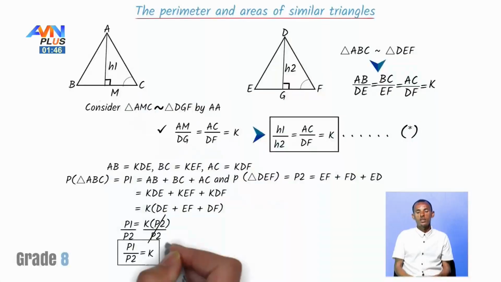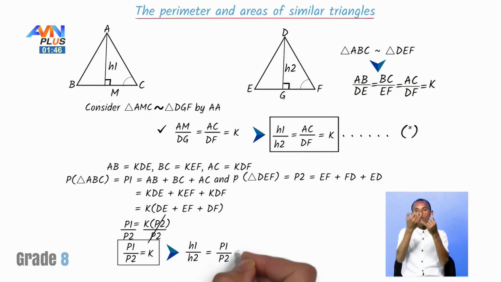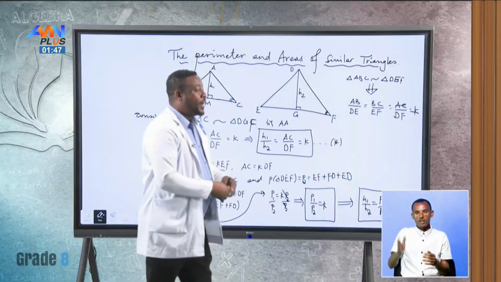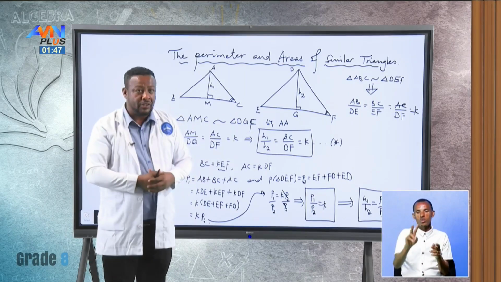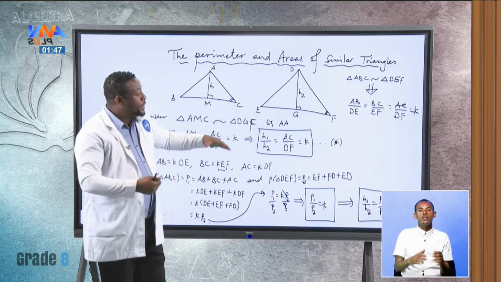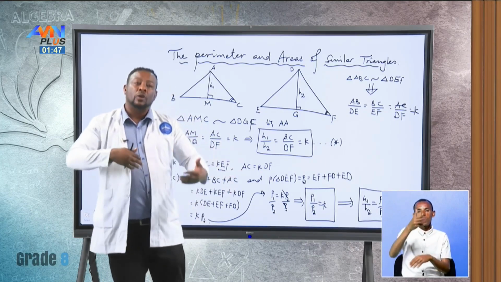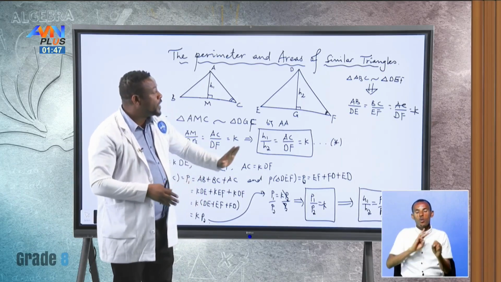So this leads us to the conclusion H1 by H2 is the same as P1 by P2. You can also say S1 by S2, where S1 is the side of one triangle and S2 is the side of the other triangle. So there is a relationship between the ratio of the altitudes, the ratio of the perimeters, and the ratio of the sides.